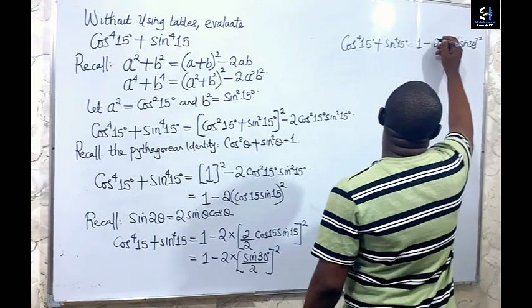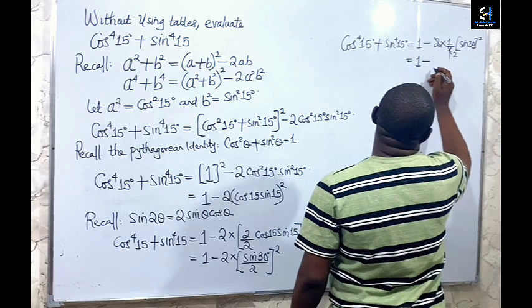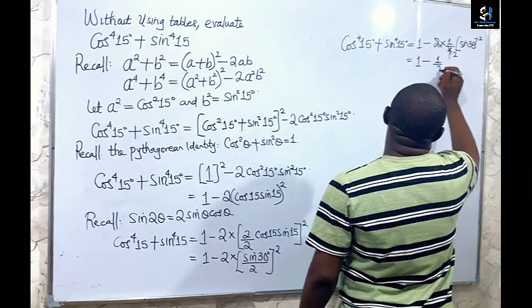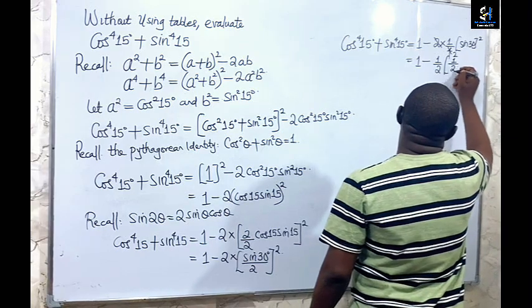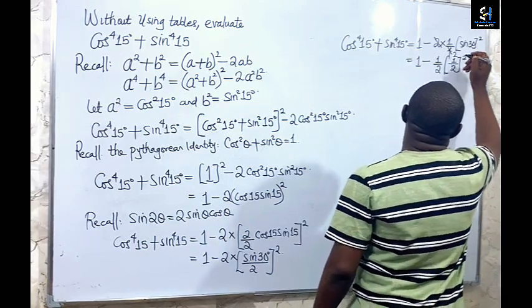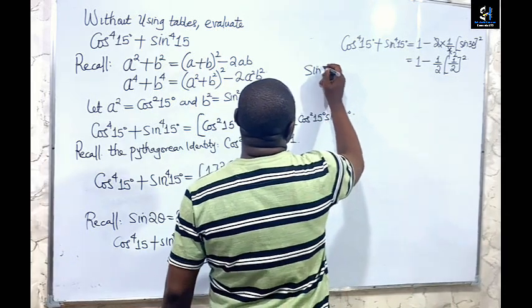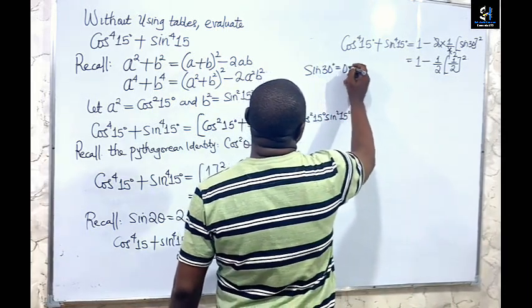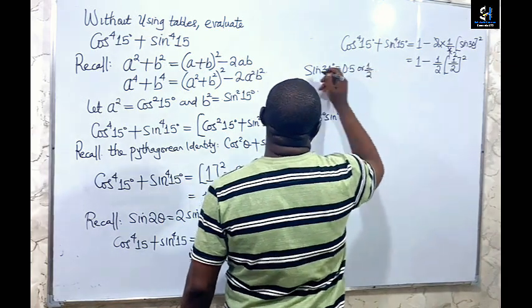Now sine 30 degrees is 1 over 2, then I'm going to raise that to the power of 2. Remember, sine 30 degrees is equal to 0.5 or 1 over 2.